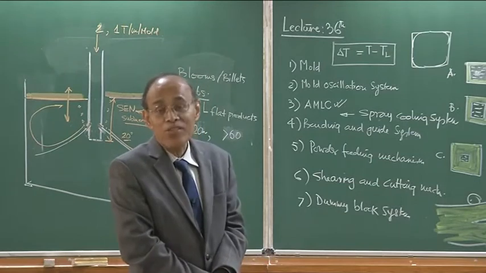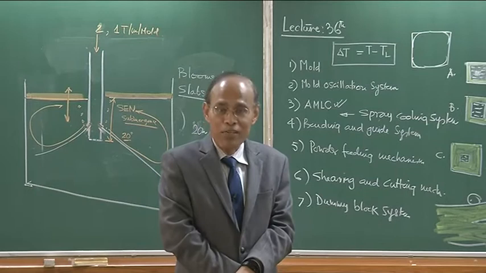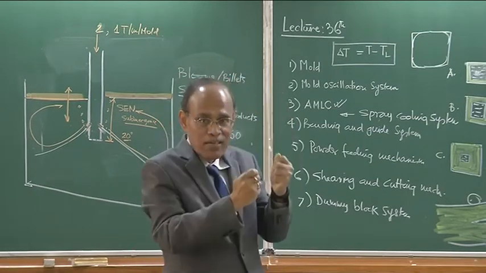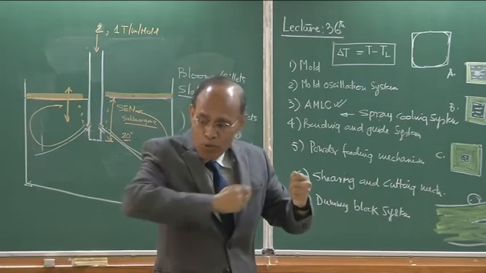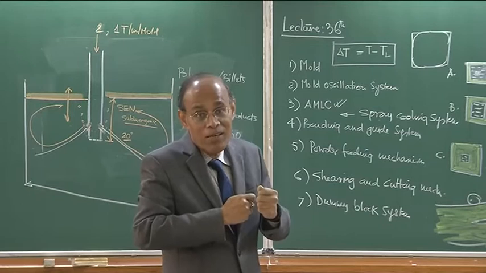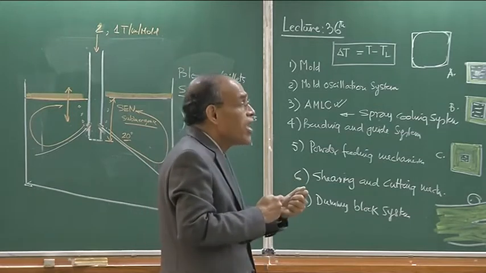So, if the copper is not of good purity, the mould will tend to soften at high temperature, and as a result the ferrostatic pressure will try to put stress onto the mould, which is now weak because it is impure, and its high temperature strength is going to be smaller.